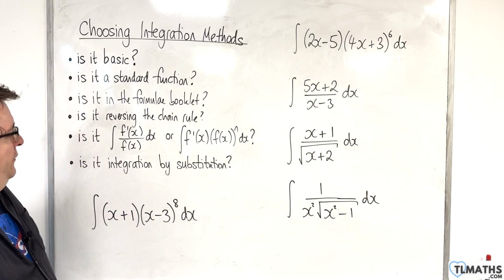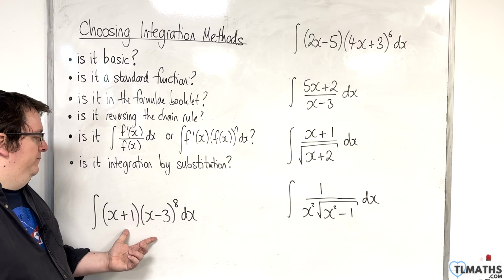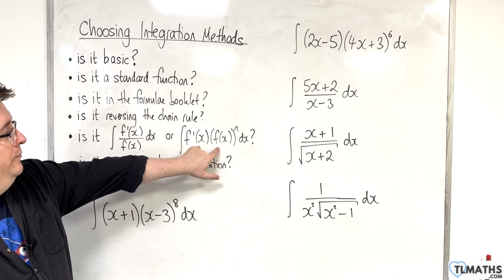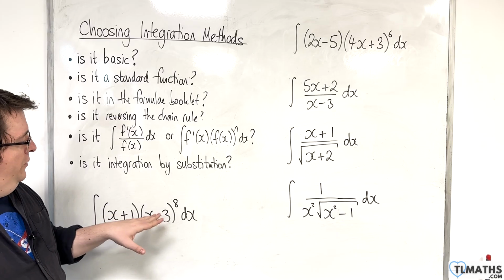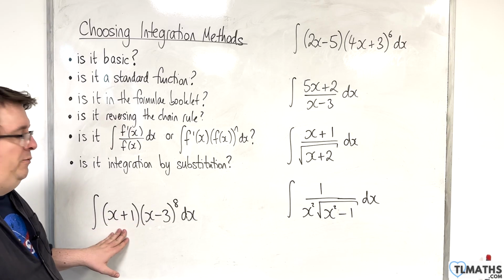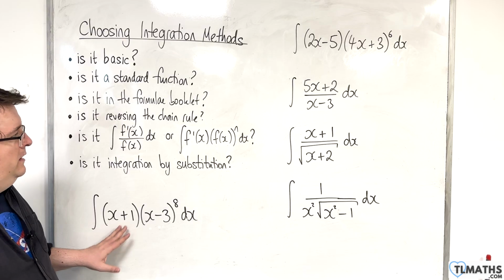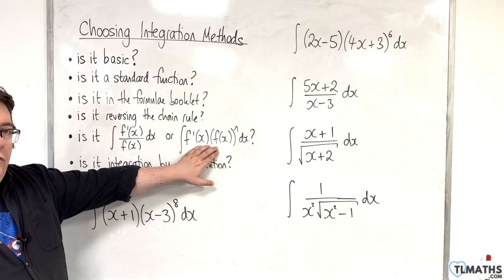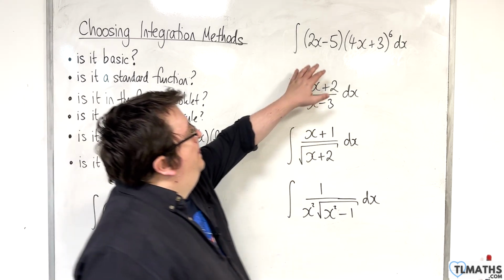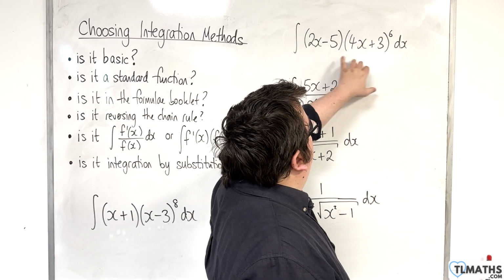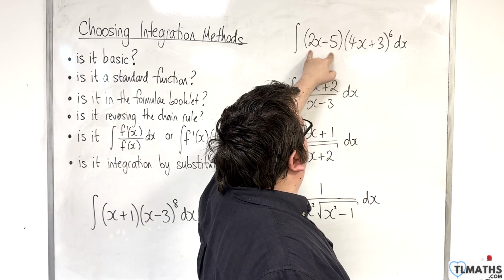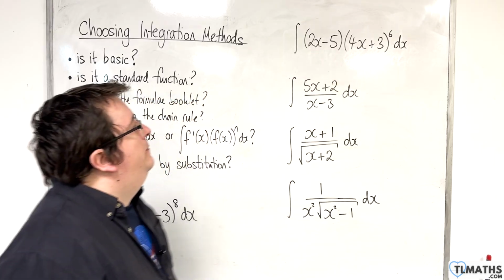So, for example, if we look at this one, this looks somewhat similar to this, but the derivative of x take away 3, the interior function, isn't a multiple of x plus 1. So we can't use that. Likewise, this one, similar vein, this differentiates to 4, which isn't a multiple of 2x take away 5.